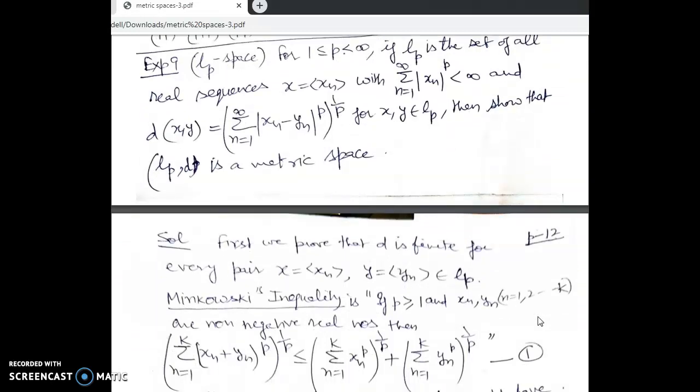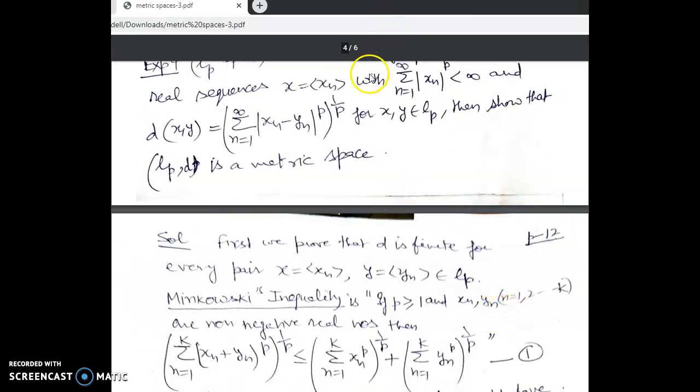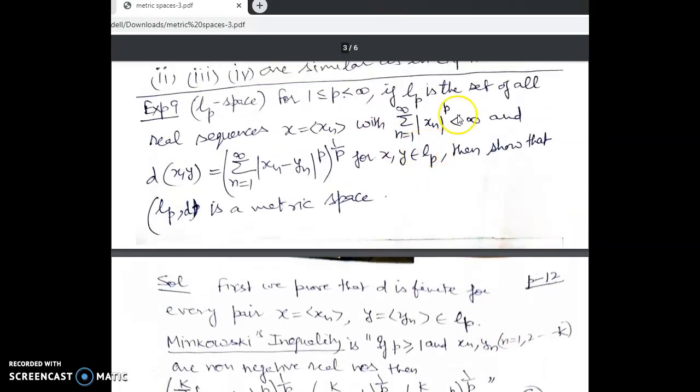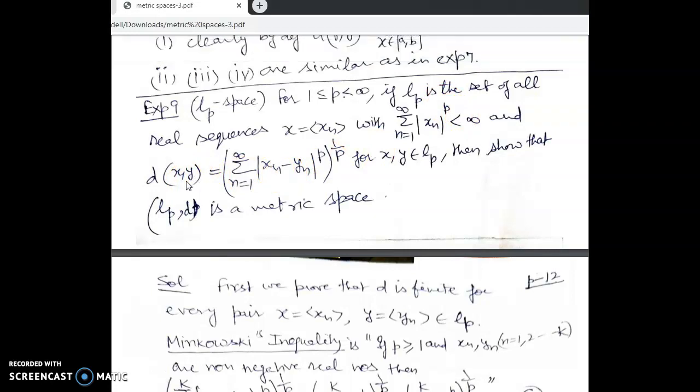L^p spaces for 1 less than or equal to p less than or equal to infinity. If L^p is the set of all real sequences x = (x_n) with the summation n equal to 1 to infinity of mod of x_n to the power p less than infinity, and d of x, y is defined by the summation n equal to 1 to infinity of mod of x_n minus y_n to the power p, whole to the power 1 by p, for x, y belonging to L^p.